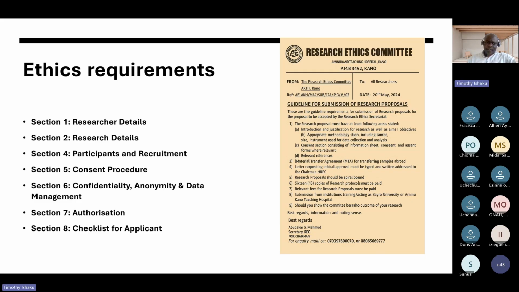The third leg of the principles of research is the fairness of it, justice. I know there are different participant recruitment processes, but there should be some fair selection of participants.